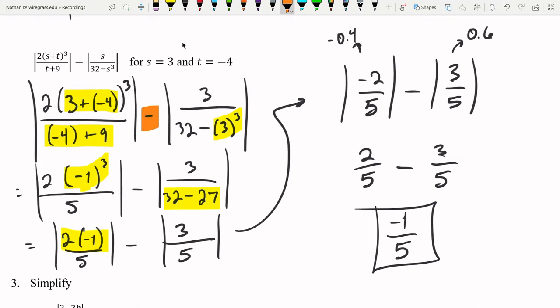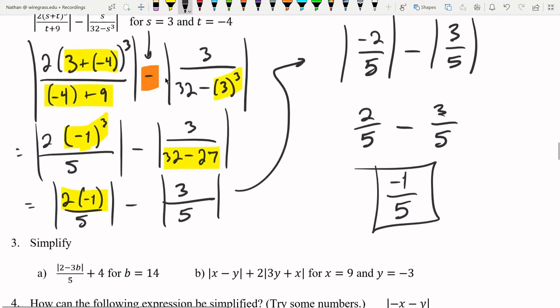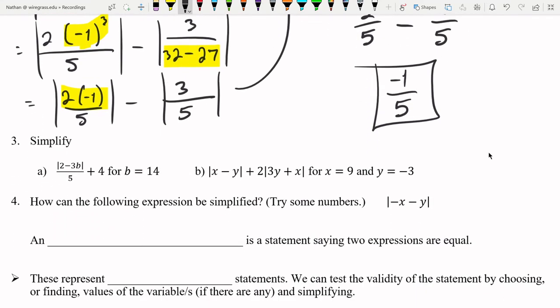But in this case, if you have this negative here, the interaction can make it negative. So don't fall for the trap of thinking it's always going to be a positive or 0 answer. That's not the case. It all depends on how the different terms inside the expression interact. Okay, give this a try in number 3 and 4.